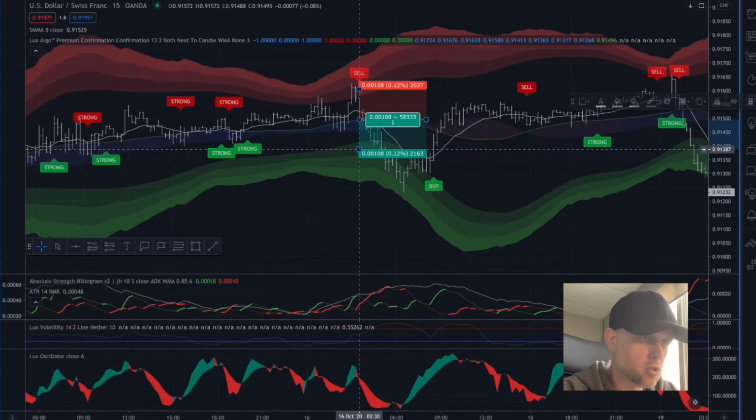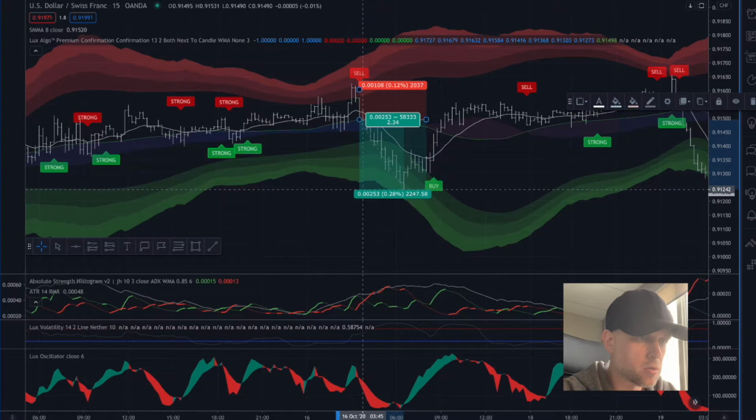And it just continues to follow all the way down. So this becomes my full trade. I'm minusing the 1 off of it because I'll get into that another time. But there we go. There's my win.